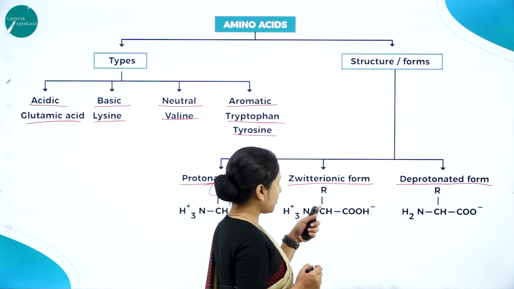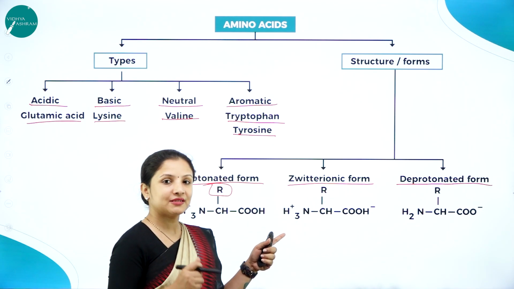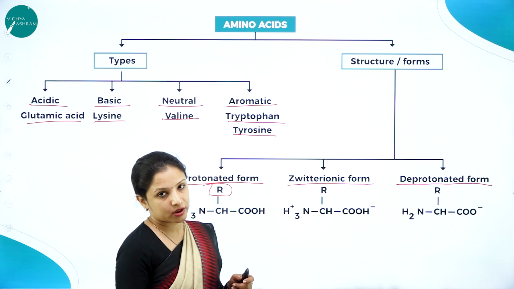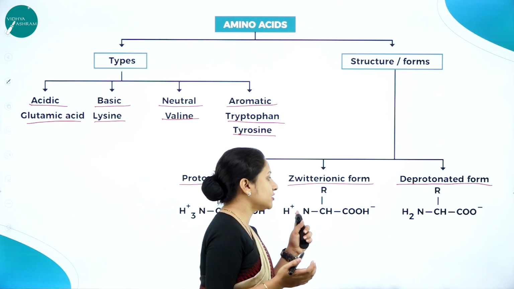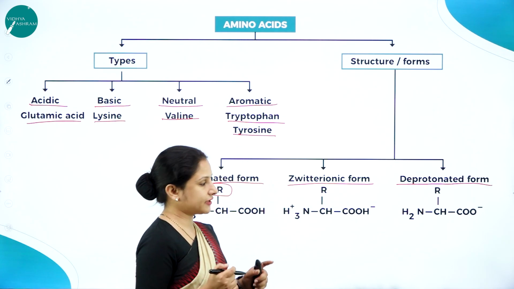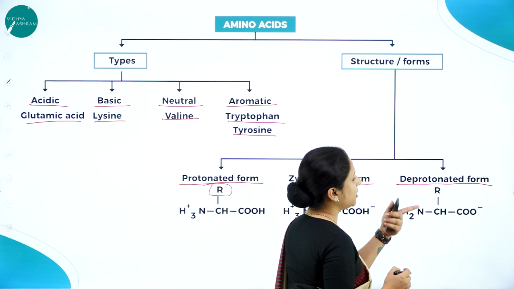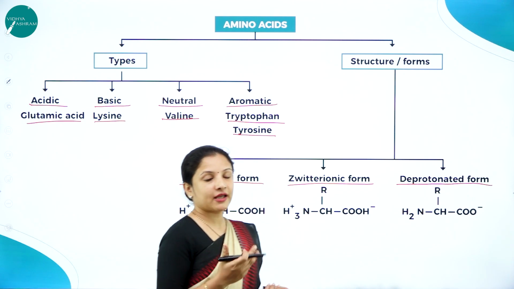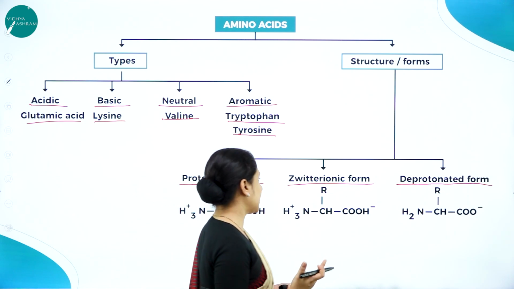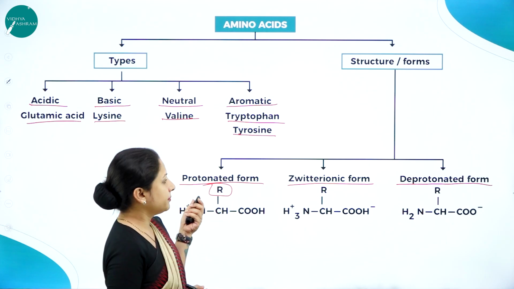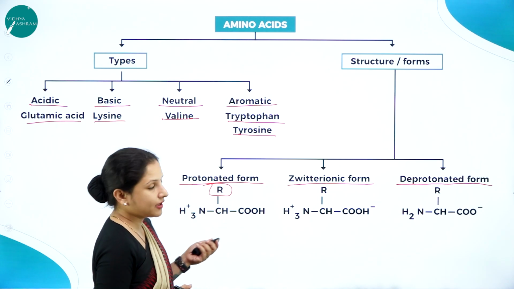Zwitterionic form means they carry a positive as well as a negative charge. That is a zwitterion form. Next is deprotonated, where they lose an H+ ion and therefore carry a negative charge. So these are the different structures of amino acids based on the charge or the protons they carry.